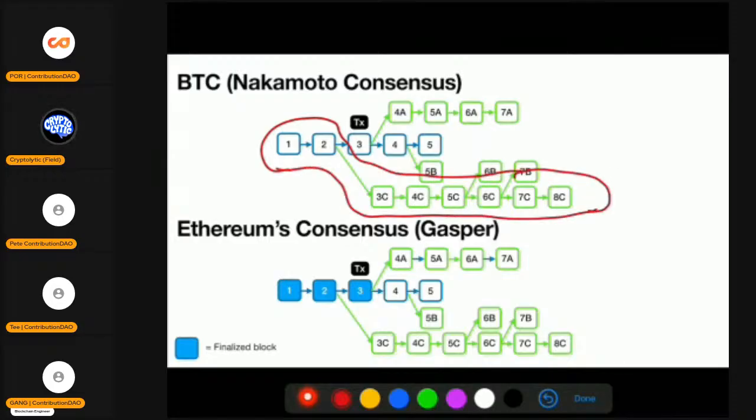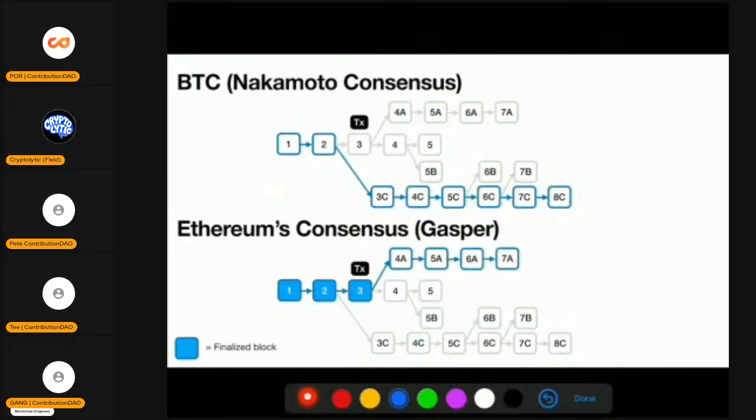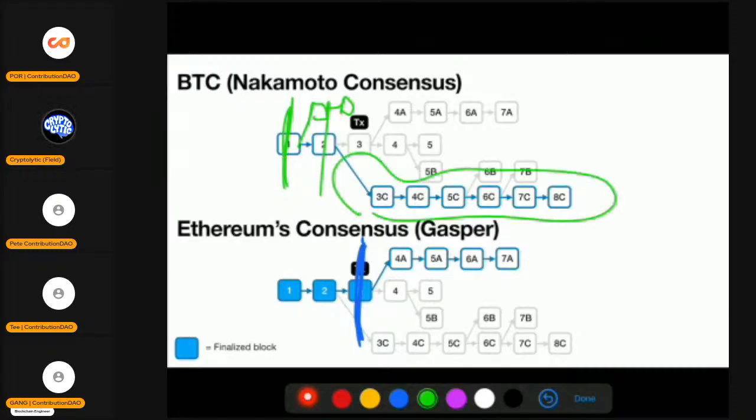While in Ethereum, because this one gets finalized, although you have a long chain here, you are not going to choose this one, because if you choose this one, it means that you have to revert this block, but you cannot revert the block T because it gets finalized. So in the Ethereum case, you can revert up until the block T point, but in Bitcoin you can revert until block 2, or in the worst case until block 1, if you have another fork here which is longer than this fork.